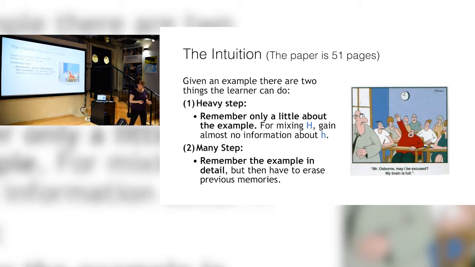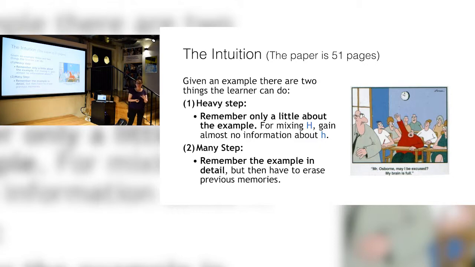Or it can remember the example in detail, but it must forget many things in order to do it. What we proved is that any learning algorithm at each step must do basically one of those two things.